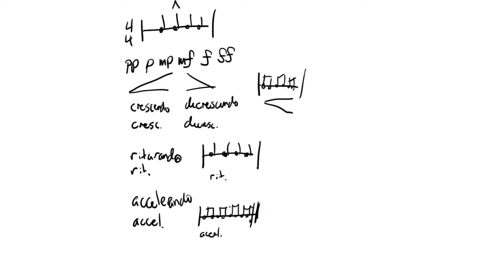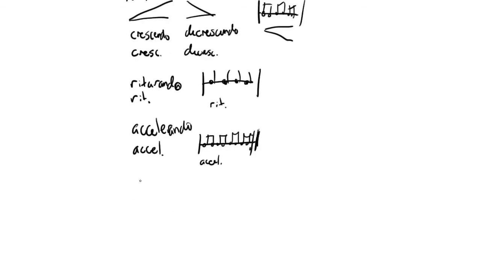You might start 1 and 2 and 3 and 4 and 1 and 2 and 3 and 4 and 1 and 2 and 3 and 4 and 1. That's an accelerando.